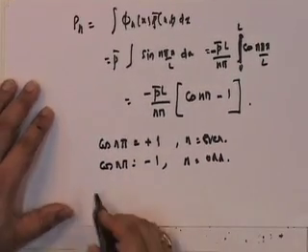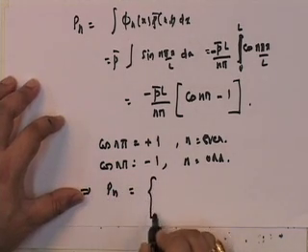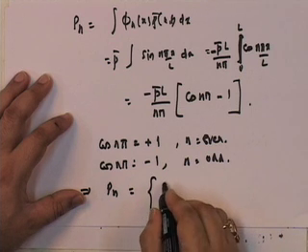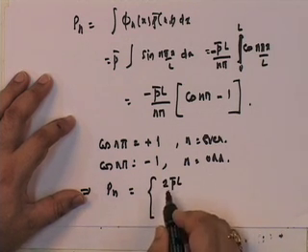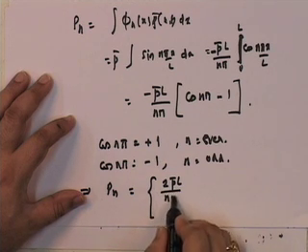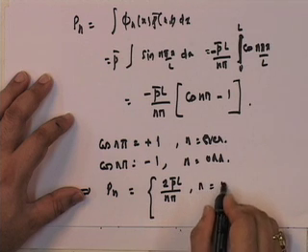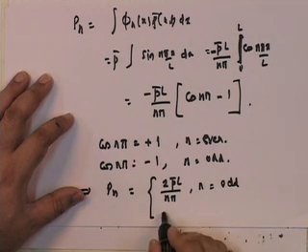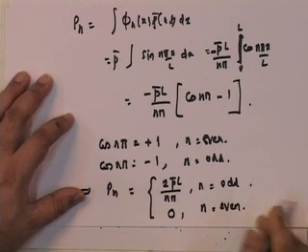So, therefore, what we get is P n is equal to 2 p bar L upon n pi for n odd and 0 for n even.